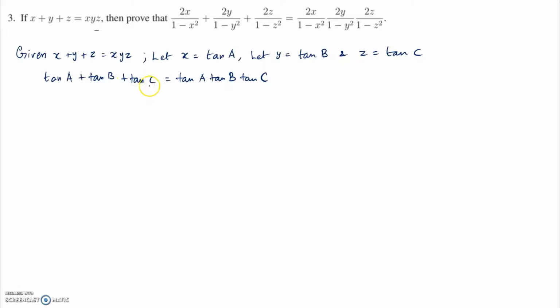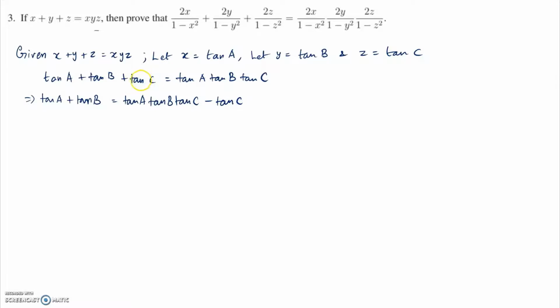Now let's move the tan c, which is here, to the right hand side. So this will become tan a plus tan b is equal to tan a tan b tan c minus tan c.